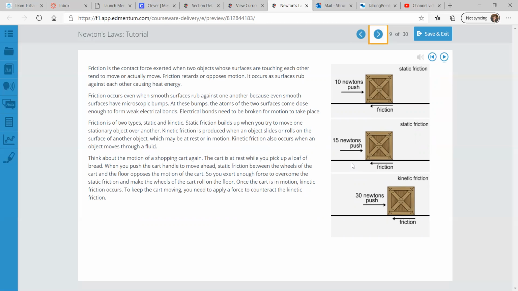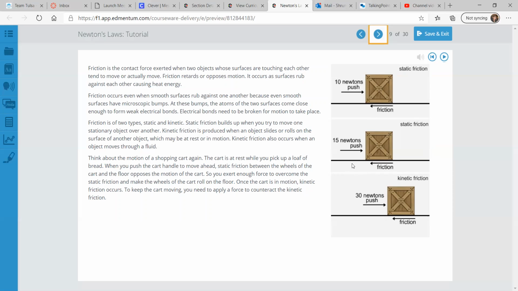Friction occurs even when smooth surfaces rub against one another, because even smooth surfaces have microscopic bumps. At these bumps, the atoms of the two surfaces come close enough to form weak electrical bonds. Electrical bonds need to be broken for motion to take place.